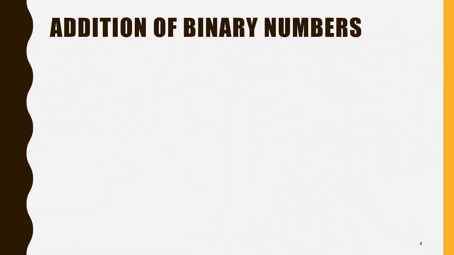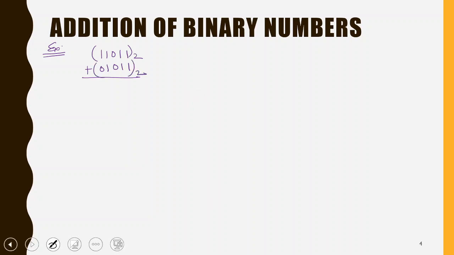Let us perform some examples for the addition of binary numbers. Now see this. These are binary numbers. Don't get confused. 1 plus 1 is 0 and 1 goes to the carry. Now this one and this one, you have triple one, right?